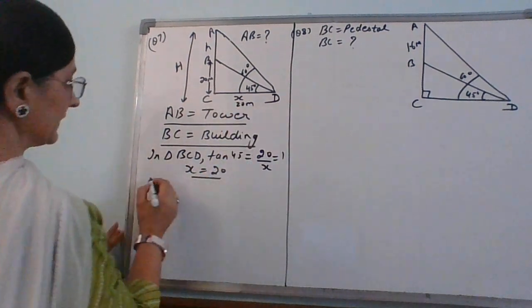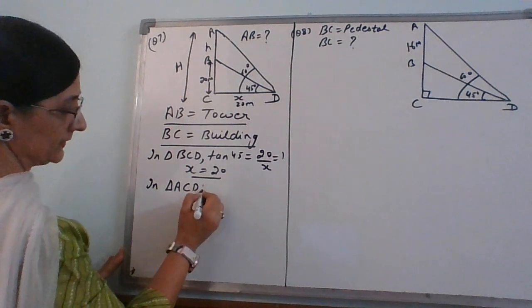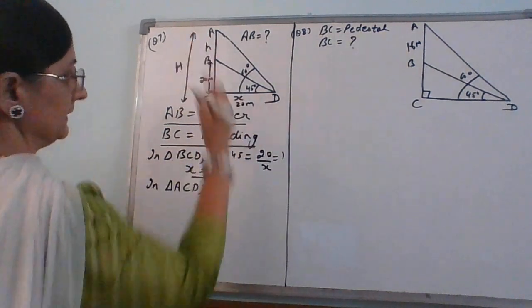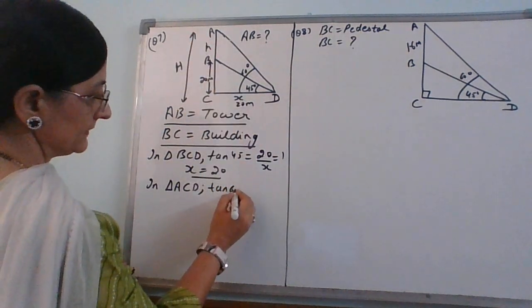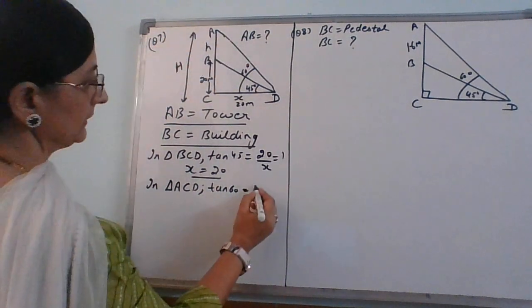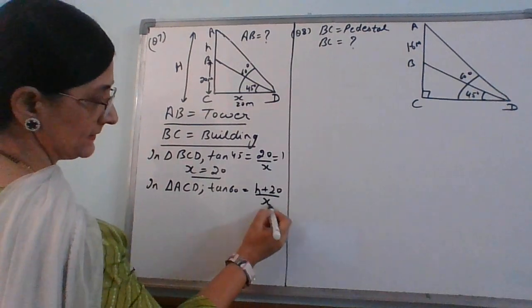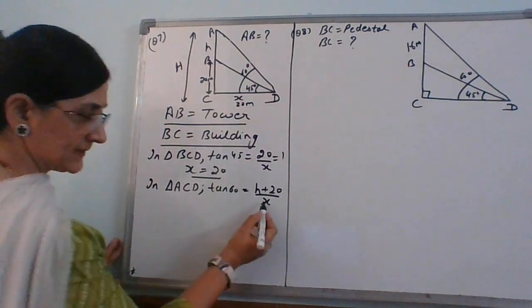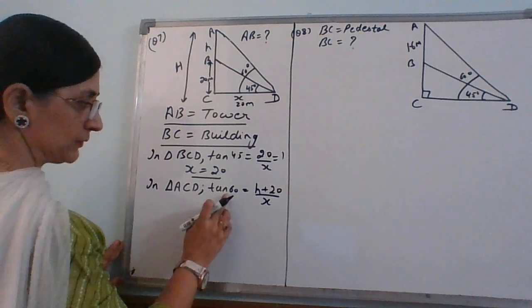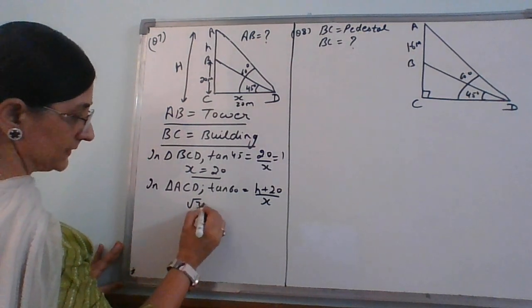Now we'll take the big triangle. In right triangle ACD, tan 60 degree is equal to, here the angle is 60, so perpendicular is H plus 20 upon base X. We have the value of X, we'll substitute it here, and also the value of tan 60, which is √3.